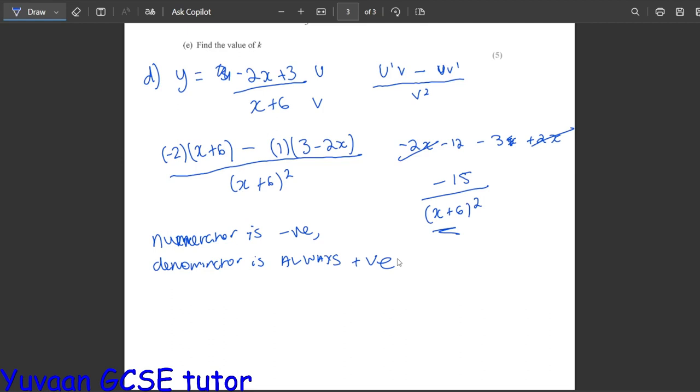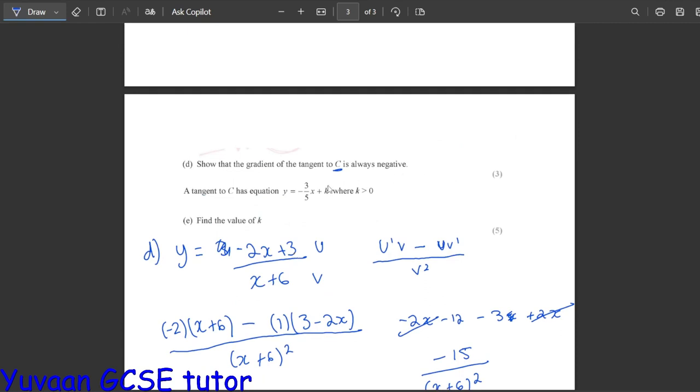Like minus 6 squared is just 36. So a negative number divided by a positive number is always negative. So that's how we prove that the gradient of the tangent to C is always negative.